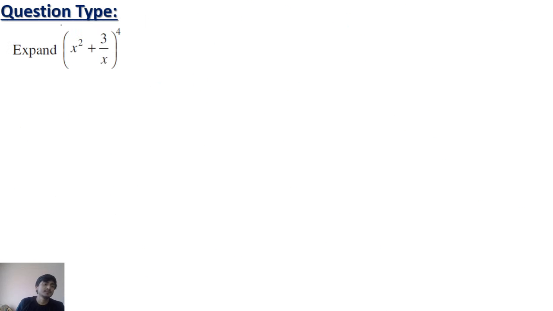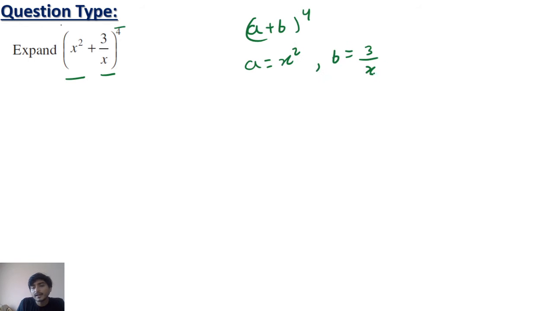So see here, in this question we can see (x squared plus 3 by x) to the power 4, right? So we can see it is just like (a plus b) to the power 4, where a is equal to x squared, b is equal to 3 by x, and n is equal to 4, right?